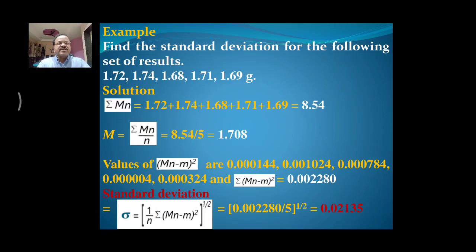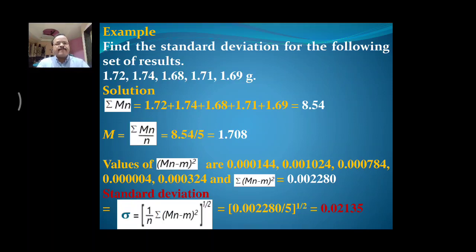So these are the results or the readings. Now we have to find out the summation of measurements. We have to sum up these results. So summation of Mn is 1.72 plus 1.74 plus 1.68 plus 1.71 plus 1.69, that comes to be 8.54.